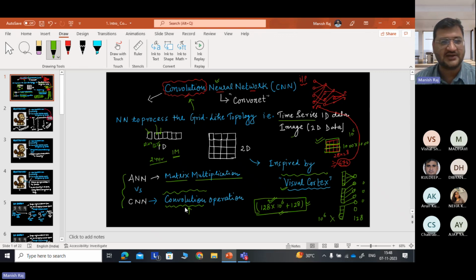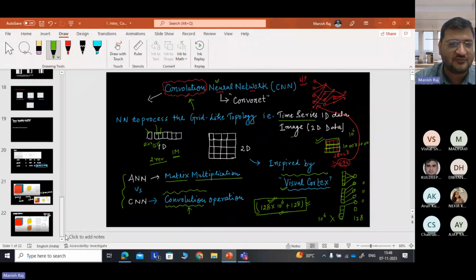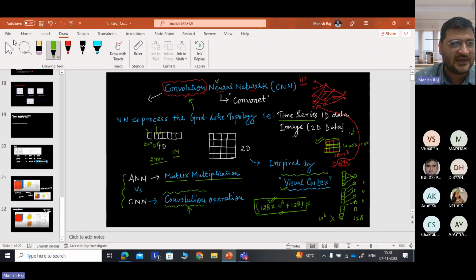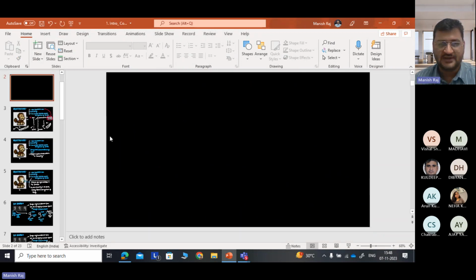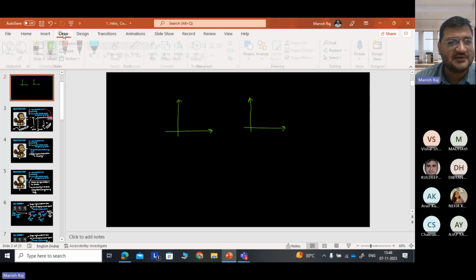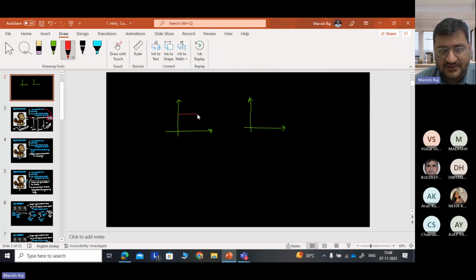Okay, before starting the convolution, I want to tell you not in the form of an image, I am telling you in the form of signals. What is the meaning of convolution? Okay, so I am taking two signals. Just try to understand what is happening. The signal is like a square type of signal.